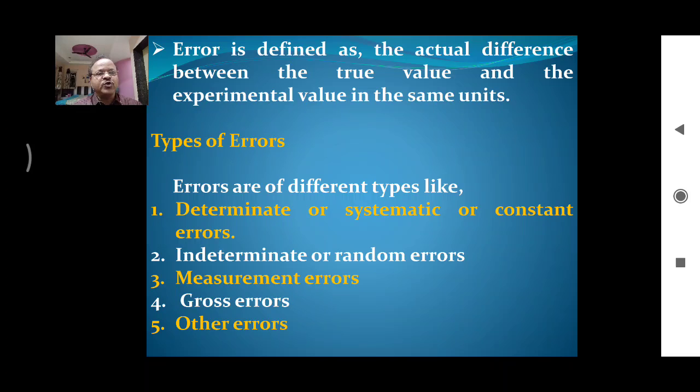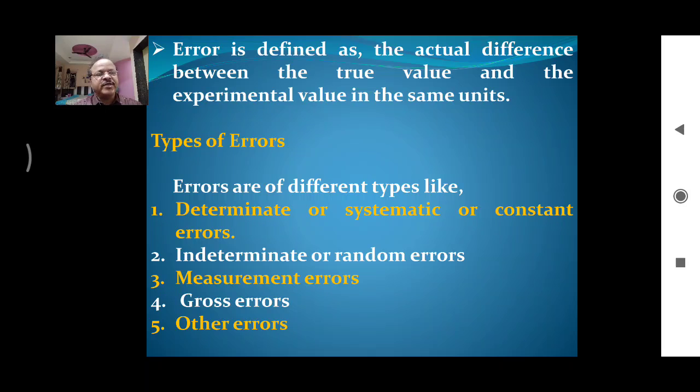Suppose, as I told you earlier, the true value is 10, the expected or ideal reading should be 10, but if our reading comes to be 9 or 8, then the error will be 1 or 2 respectively. So this 1 or 2 is nothing but the error.